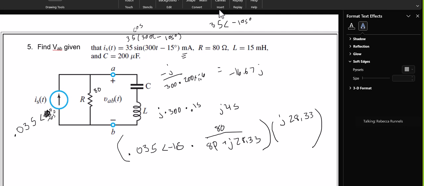So what I have right here is the current through the capacitor and the inductor because of current division. Current division takes my total current times the impedance of the other branch over the total impedance, which is all of them added together. That gives me the current through this branch. Then I multiply that times the impedance of that branch, and that should get me the voltage.